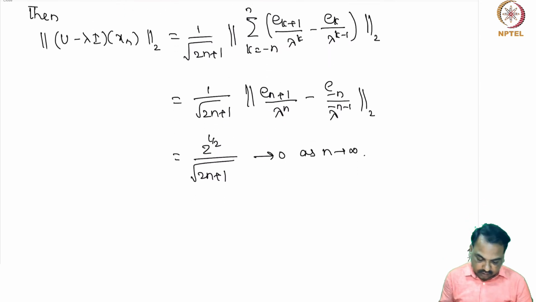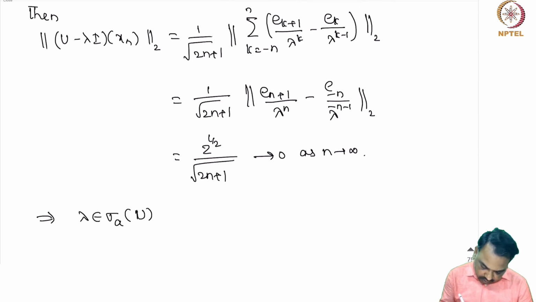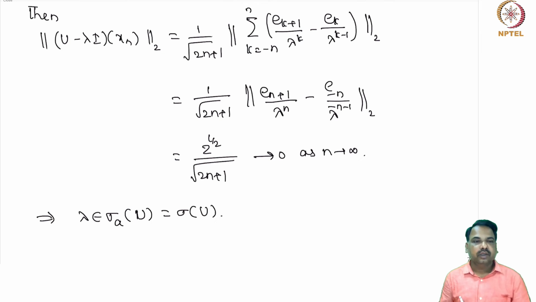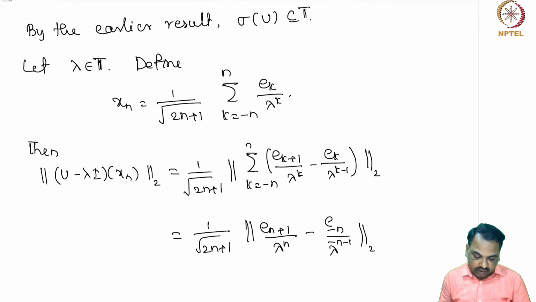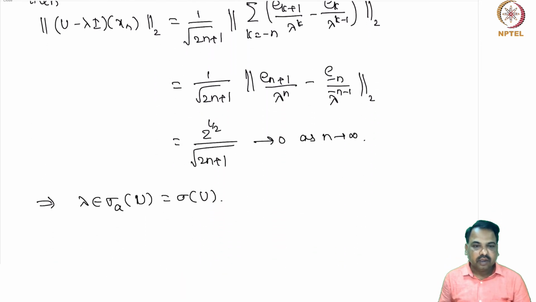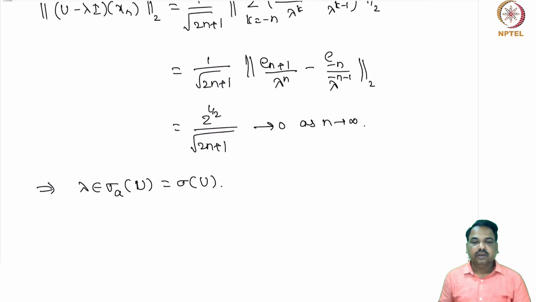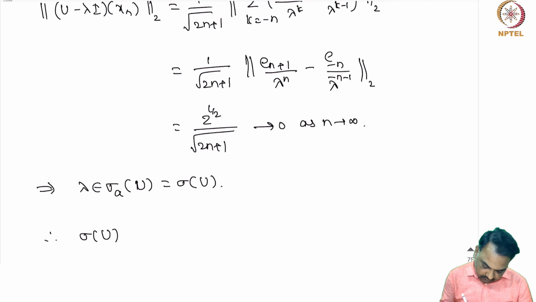So this implies that lambda is in the approximate point spectrum of U, but since U is unitary, that is exactly equal to the spectrum of U. So we have shown that if lambda is in the unit circle, then lambda is in the spectrum of U. Therefore the spectrum of U is exactly the unit circle.